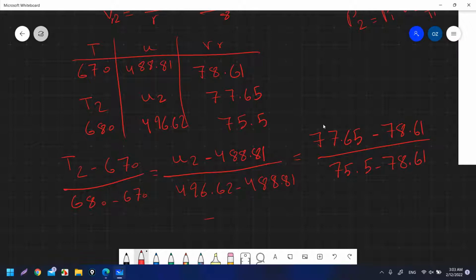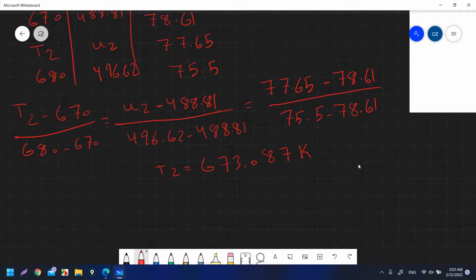This will give you T2 equal to 673.087 Kelvin and U2 equal to 491.22 kilojoule per kilogram.